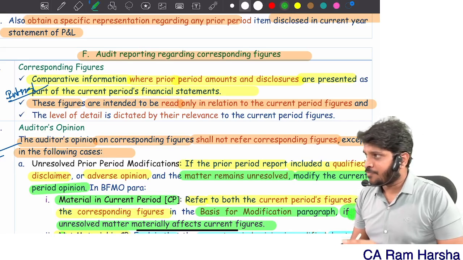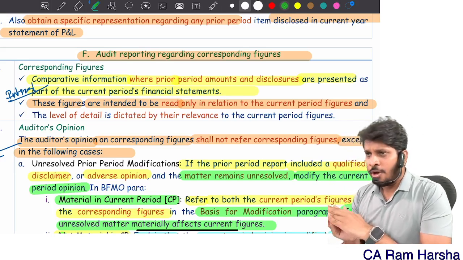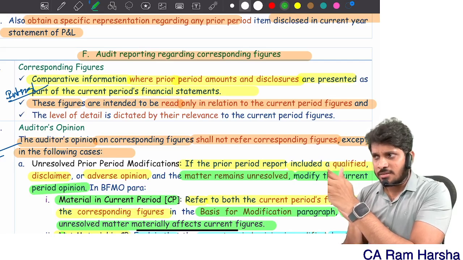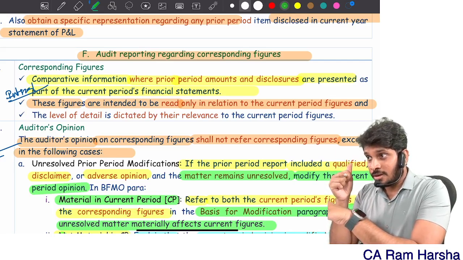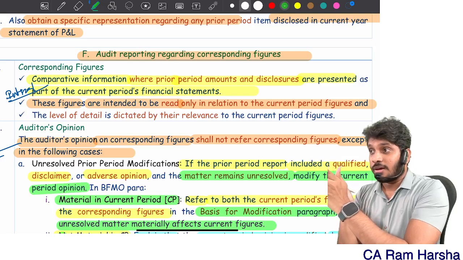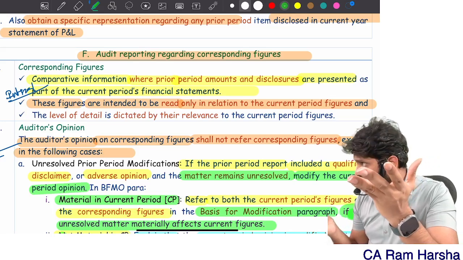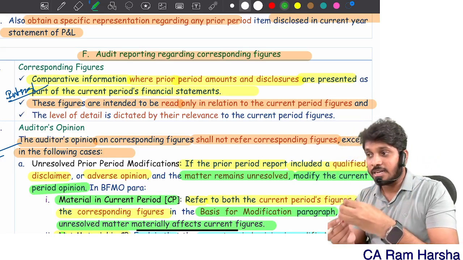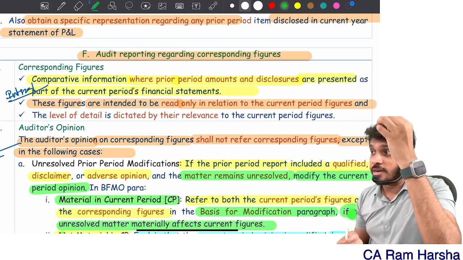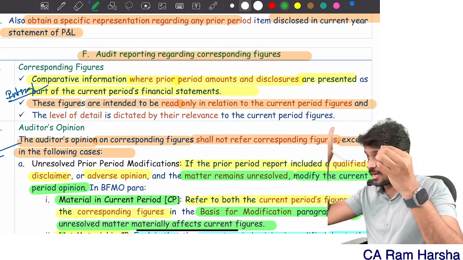And last year data we are giving, right? We should give detailed breakup also for last year in the notes to accounts. That level of breakup generally depends upon the current year breakup. Whatever level of detail you give for the current year, that much breakup you should give for last year also.